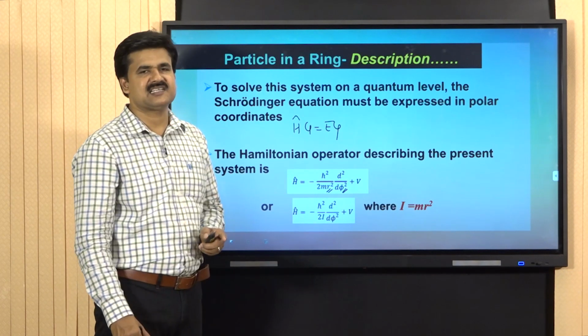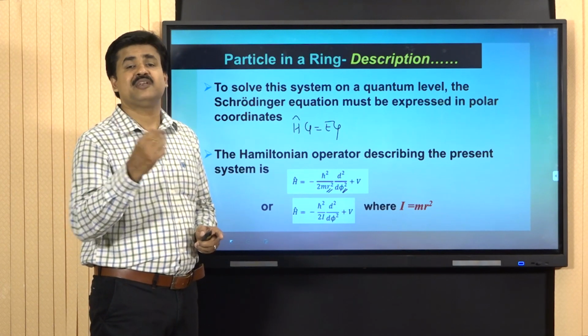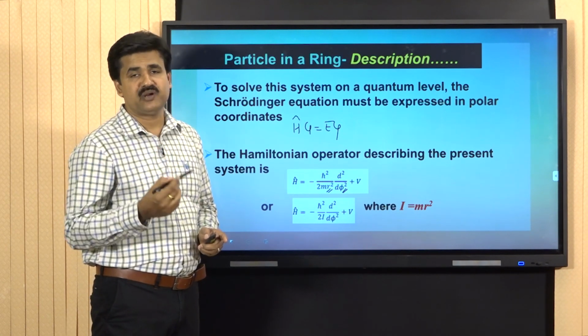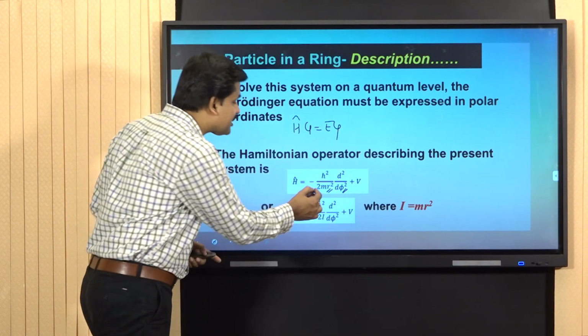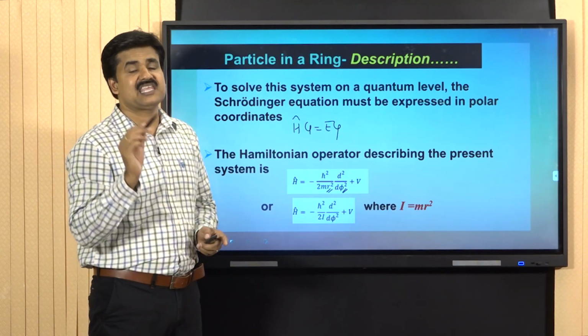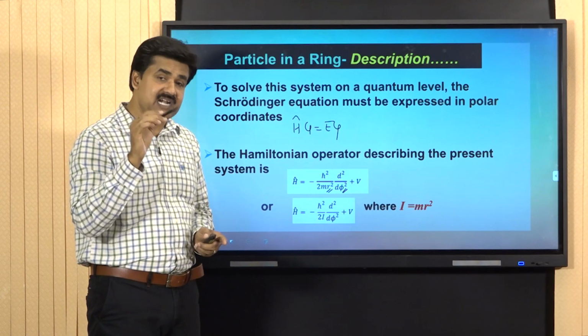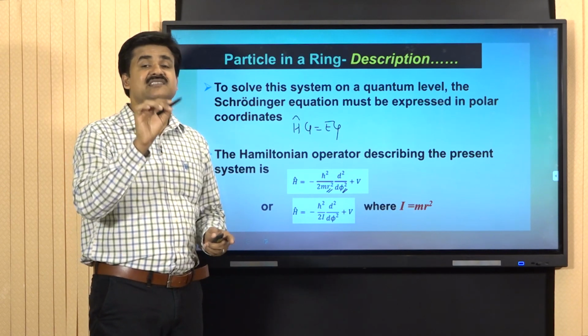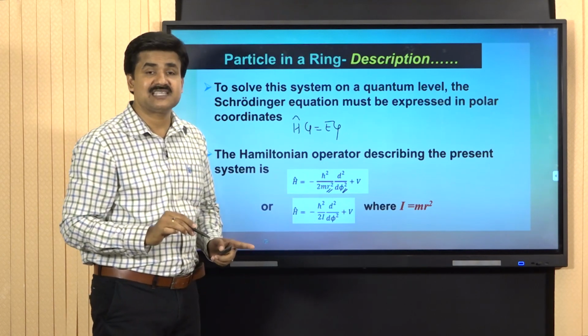But r is taken as a constant, and we know the fact that the moment of inertia I of a body is given by I is equal to m r square. Therefore, the term in the denominator, that is m r square, can be replaced with I. This is possible because we already mentioned that the radius of the circular path is a constant r. Hence, this term can be taken as a constant.